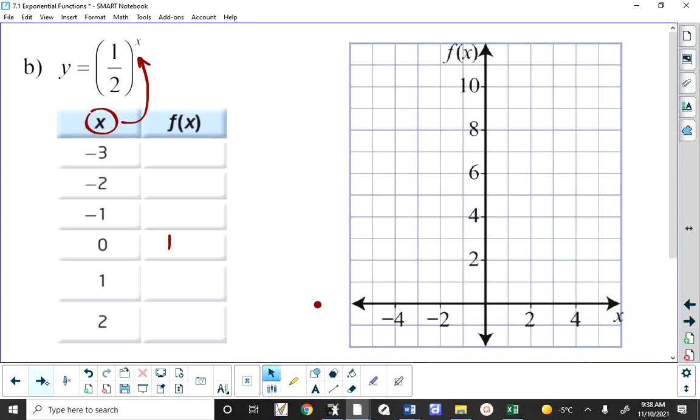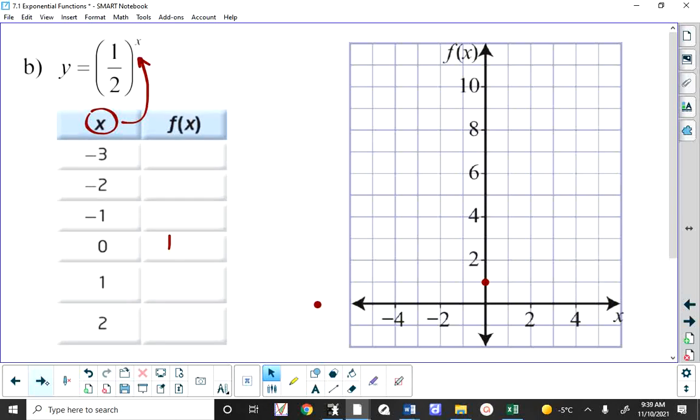What does that tell us? It tells us that this graph also has a y-intercept of 1. Is your grid scaled the same as mine horizontally? I just wanted to make sure. If I were to look at x equals 1, I would take 1/2 raised to the 1, and that would give me 1/2.